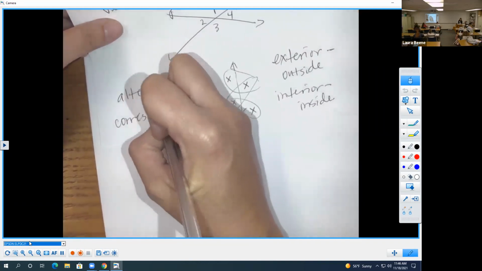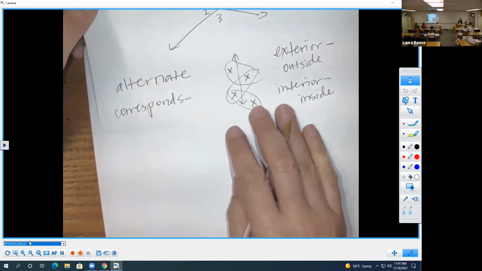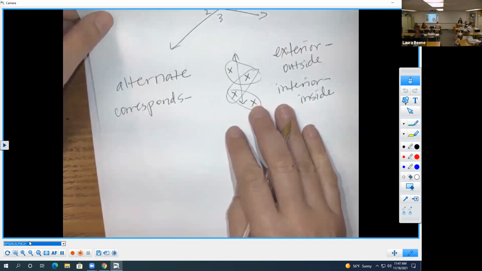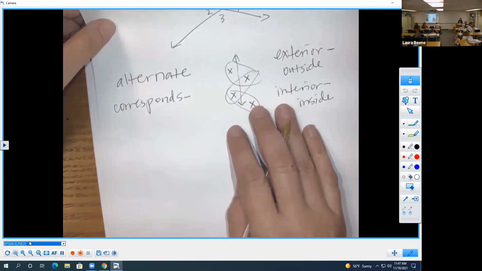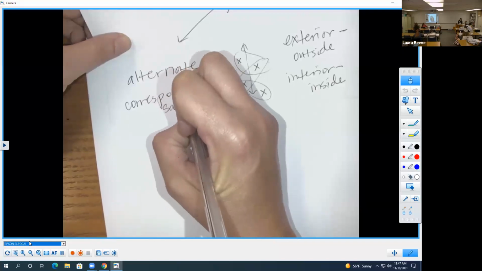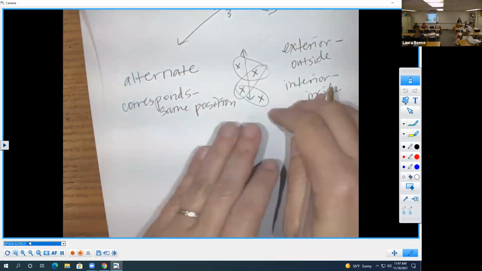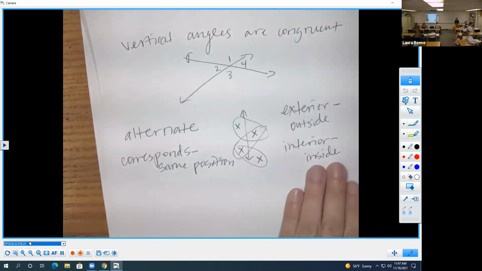Corresponding or corresponds. What does correspond mean? There's a couple different definitions of it. Like they're next to each other or together? They're the same. It means same. Okay, so let's say same position. They got stuff that go together with them, but they're the same position is the idea.